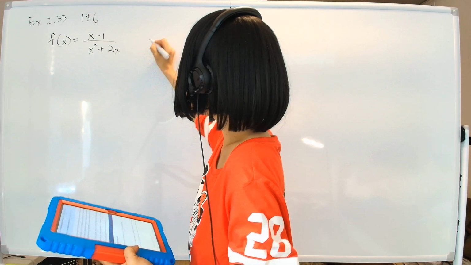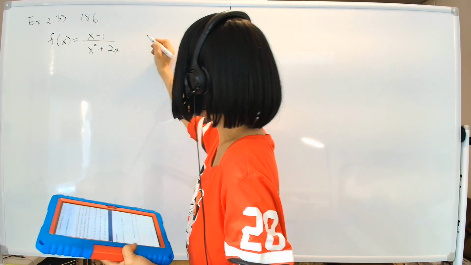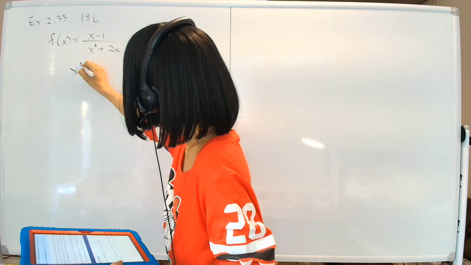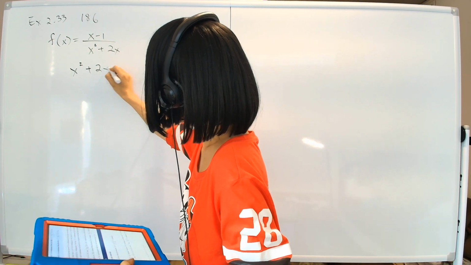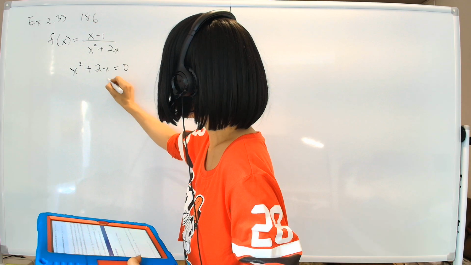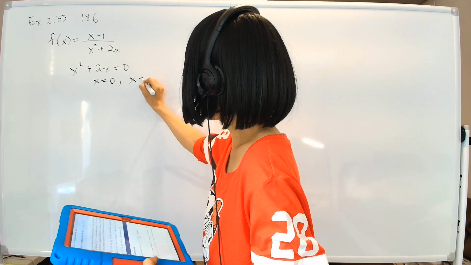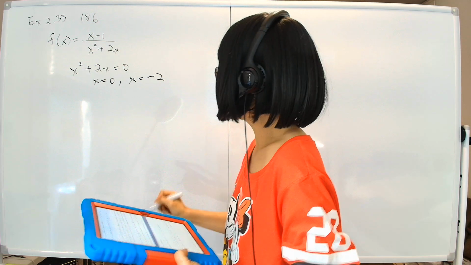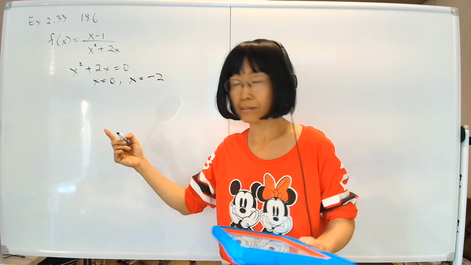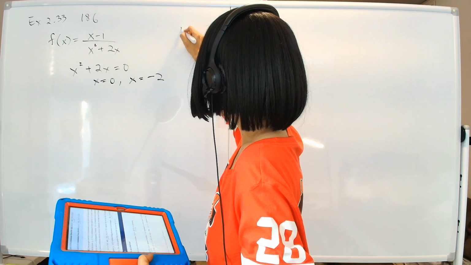To figure that out, you need to calculate x squared plus 2x equal to 0, which means you factor this out, that means x equal to 0 or x equal to -2. So at those 2 points, it goes to infinity.